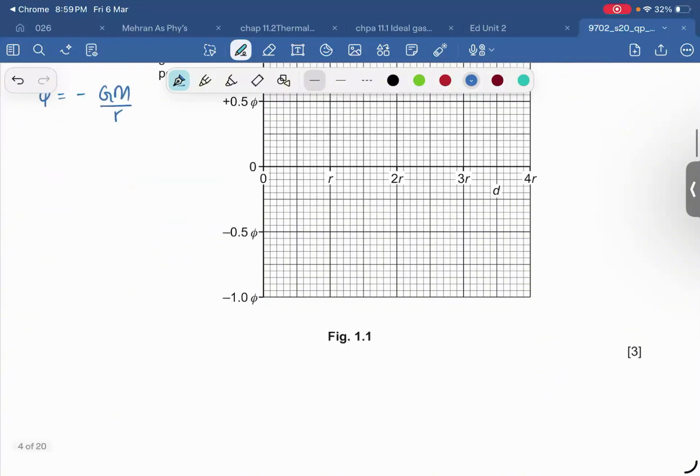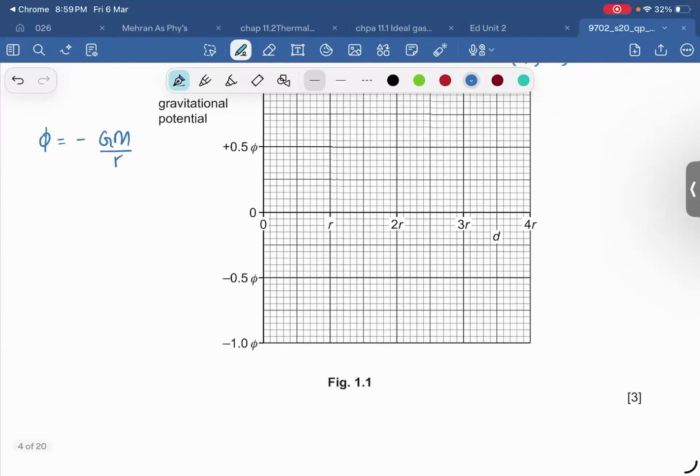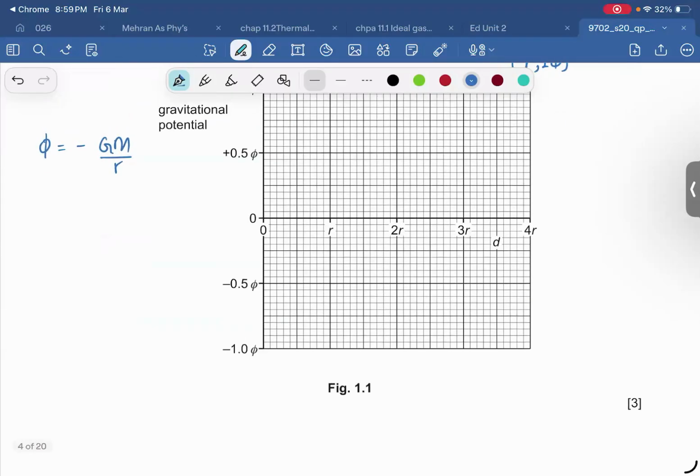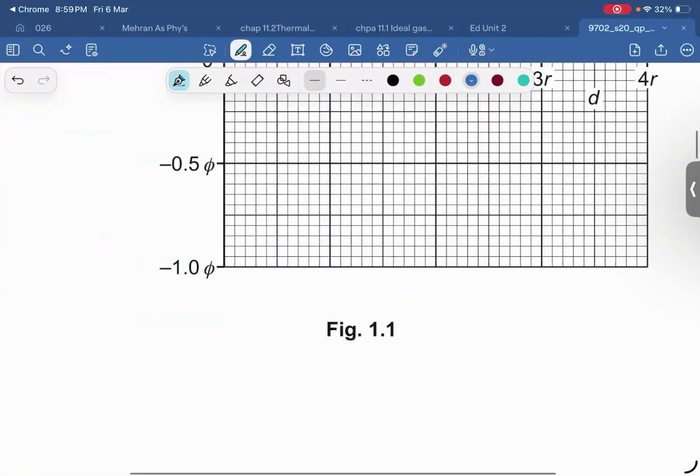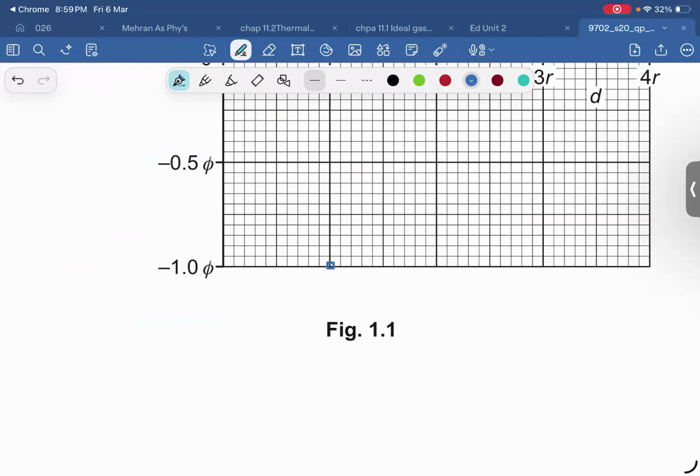Since they mention values on the graph, they expect you to draw a proper graph and plot all the points. At least 3 plotted points in the graph. The first point will be right here, as mentioned in the question.